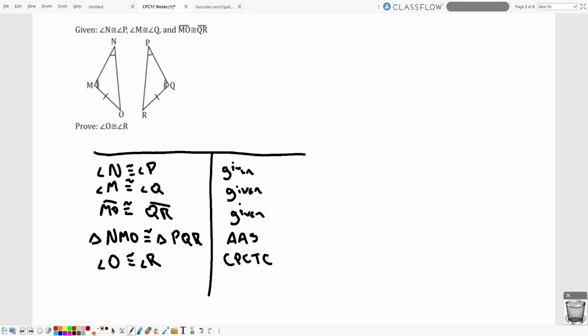So really all we're doing is proving that we have congruent triangles using the stuff that we've already been doing in 4.2 through 4.3. And then we're just throwing on one extra line and saying, now I know that the triangles are congruent, and because they're congruent, this has to match up with that. And that is CPCTC.